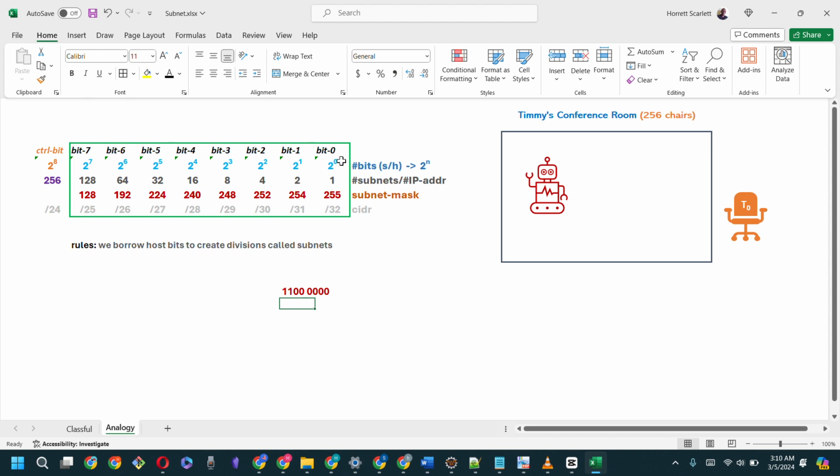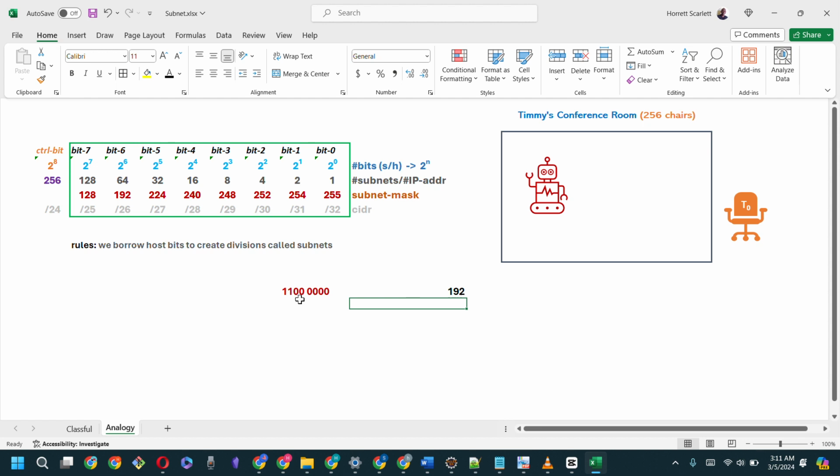Looking at our table, we have bit 0 running to bit 7, that's 8 bits, and we have turned on the first 2. That means we have one group of 128 and one group of 64. If we add that up, 128 plus 64, we end up with 192. And that tells us that the range will begin at 192.